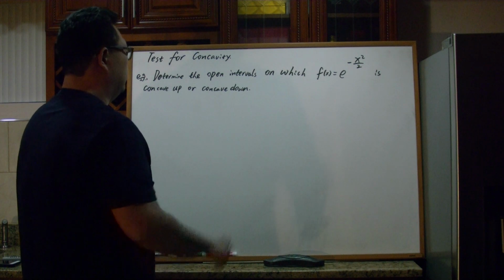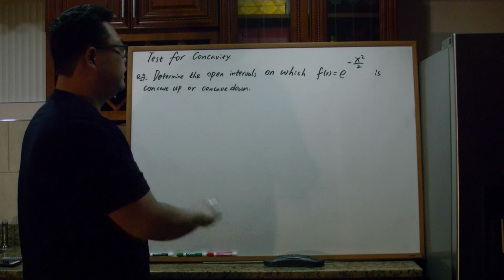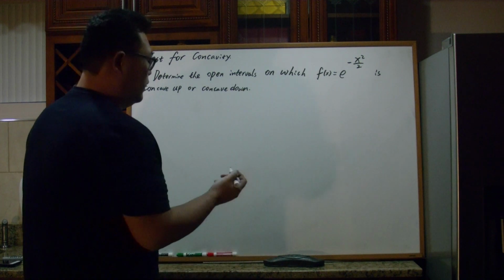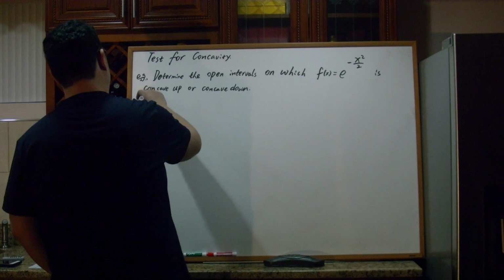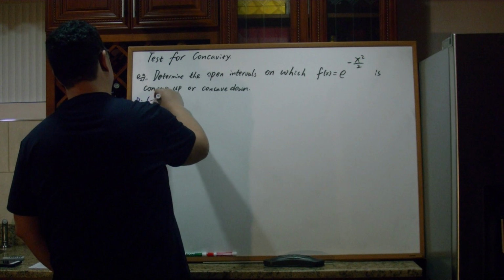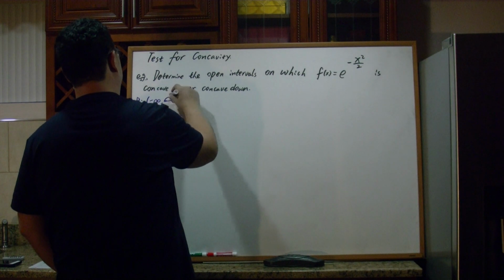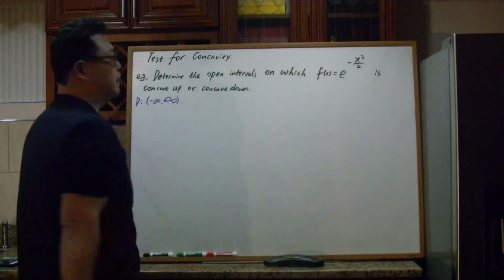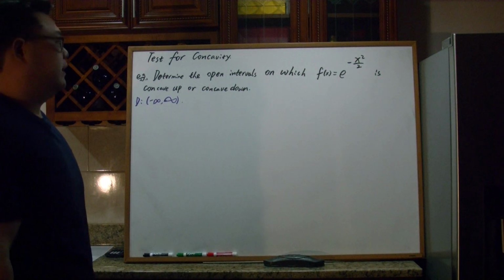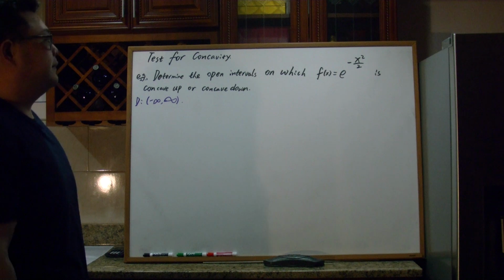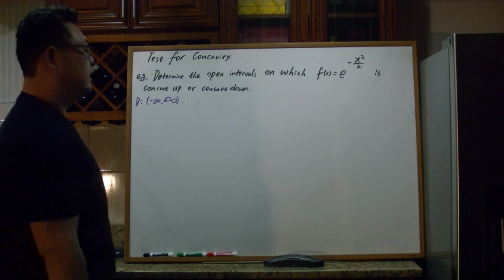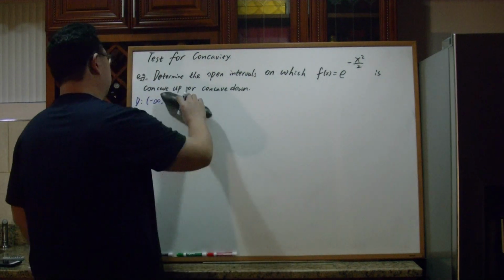So we take those points, cut our interval, and see what it gives us. First of all, the domain is from negative infinity to infinity, since that is an exponential function that can take all x, and the power itself is just a polynomial, nothing else.